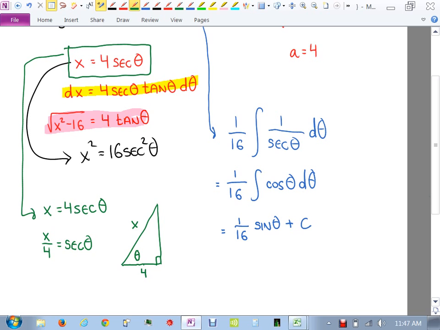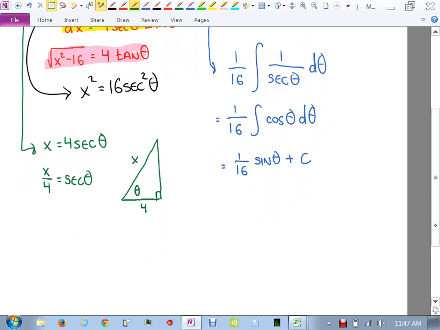Now I'll do it on this one because there's probably more than one person here that doesn't know how to get that side. So I'm going to call that other side here b, just for the hell of it. Could have called it a, could have called it b, could have called it c. Probably shouldn't call it x though, right? Pythagorean says what? 4 squared plus b squared equals c squared, so a squared plus b squared equals c squared.